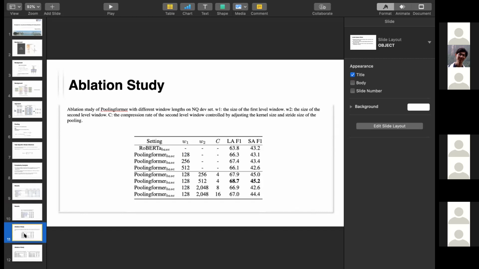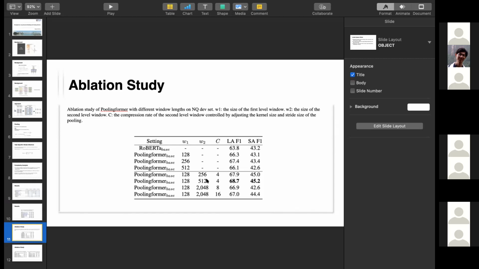Okay. And they also did some ablation study to experiment with different settings of the model. Like they have tried different sliding window sizes for the first level and second level, and it's shown that the 128 for W1.